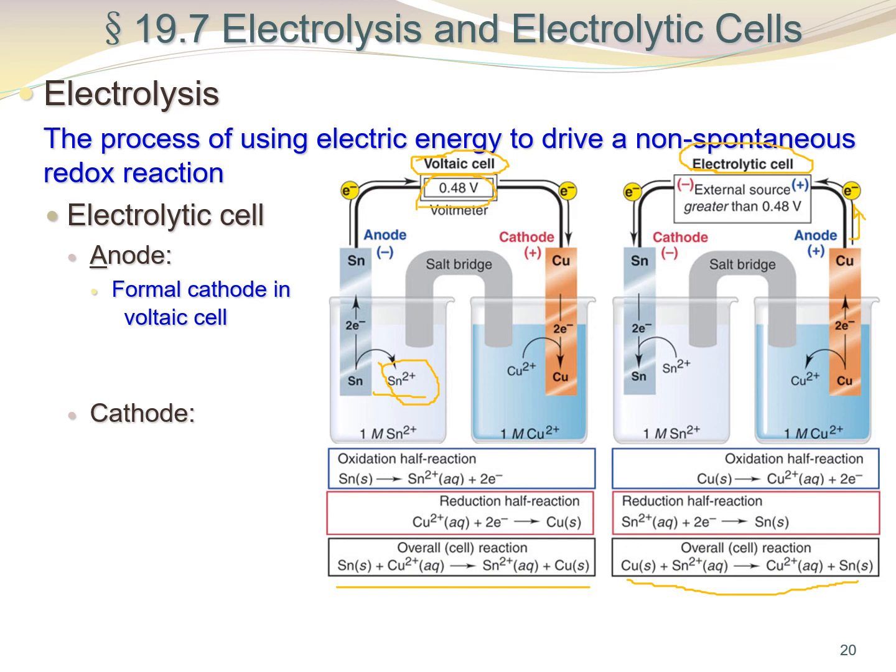Still, the electron coming out is what we call the anode. The cathode was the anode in the voltaic cell, because we force electrons to go into the tin. So that is why the anode has the positive charge while the cathode has the negative charge in what we call the electrolytic cell.